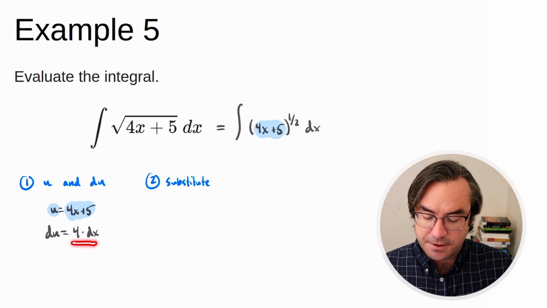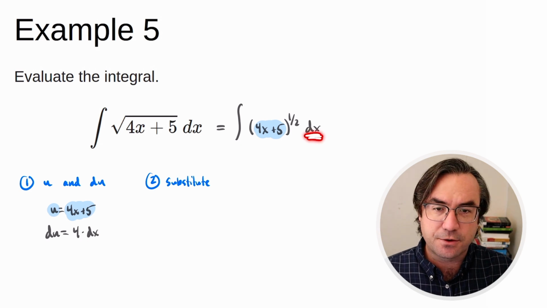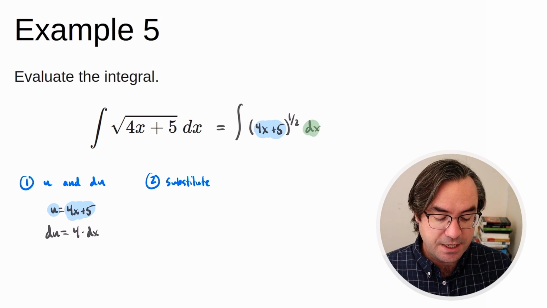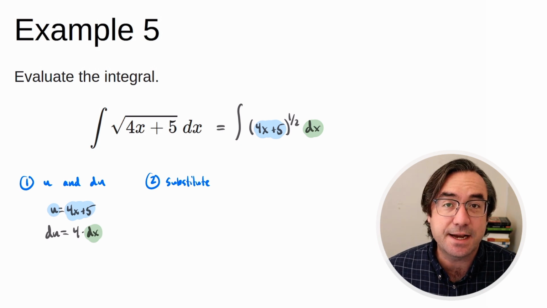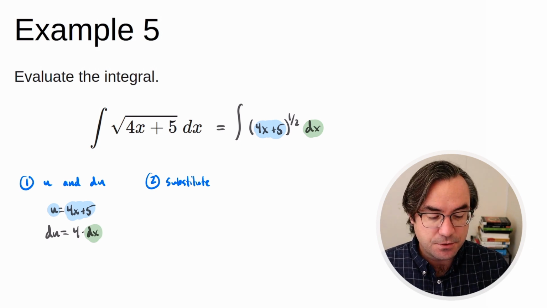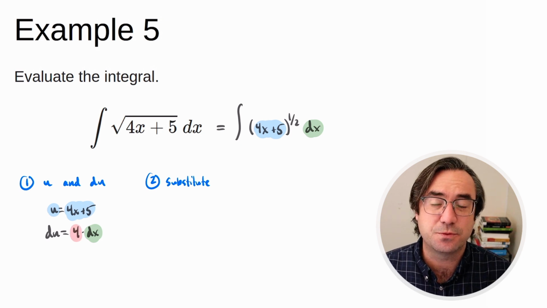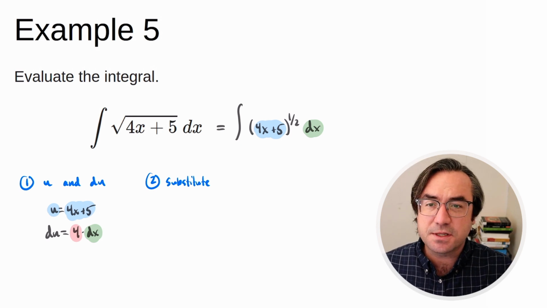But in the differential we calculated, we have 4 times dx, and in the original integral we only have dx. So we want to compare here. The only things that match up are those dx terms, and we have this extra constant, this 4, in the differential we calculated. So this is going to pose a slight issue for us.